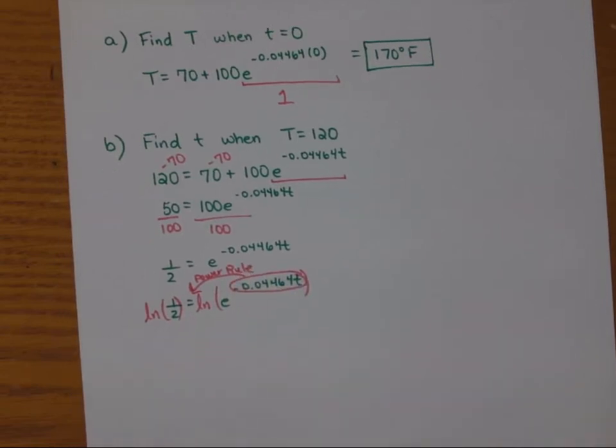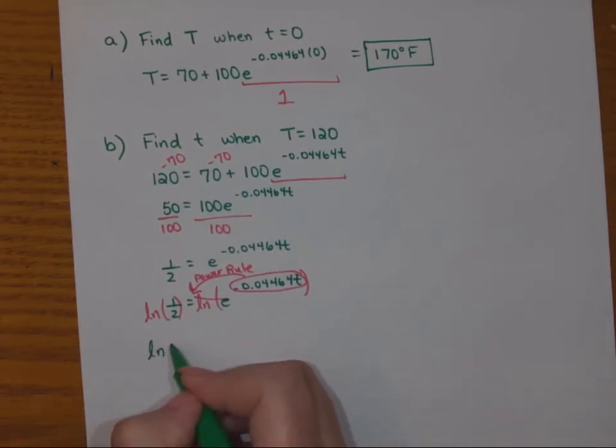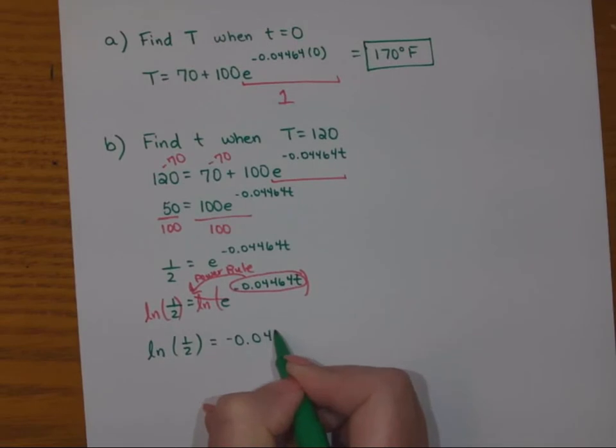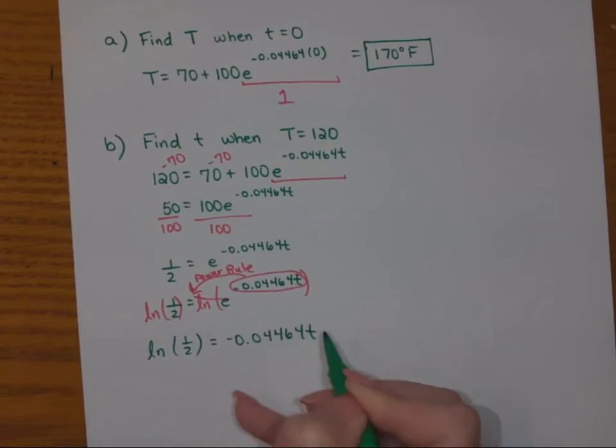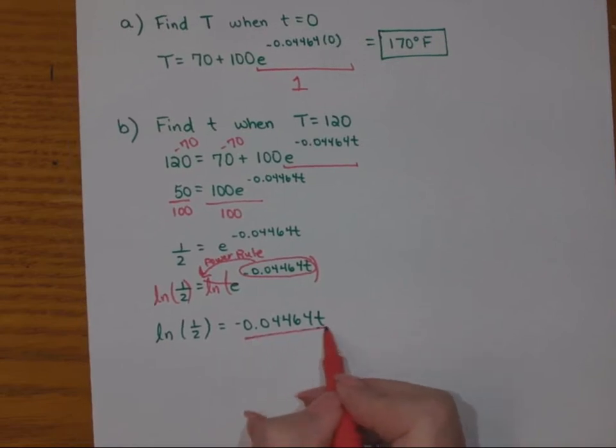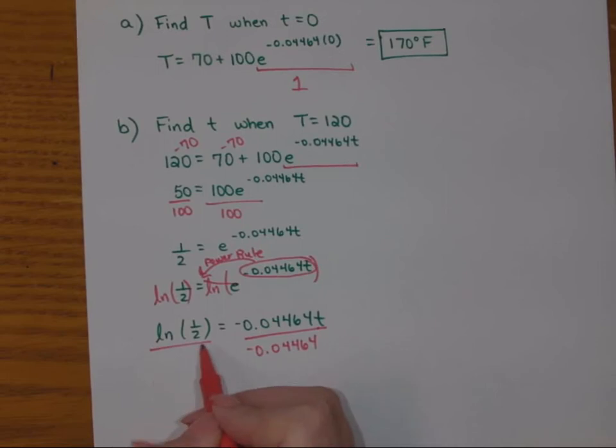So what I end up getting, and remember ln and e cancel each other out, so I get the natural log of 1/2 equals negative 0.04464 t, right? Because I got it out of the exponent spot so that I could actually mess with it. And then finally, we will just divide by the term we want to move over.